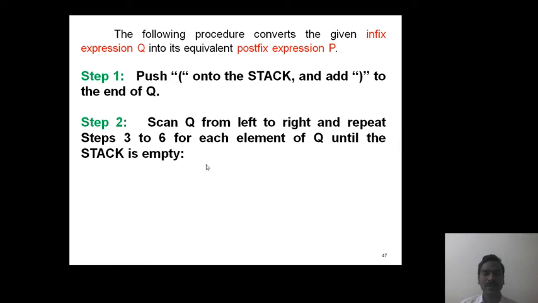That means this procedure is repeated until the stack is empty. That means every time we check whether the stack is empty or not. Whenever the stack becomes empty, we terminate from step 2.